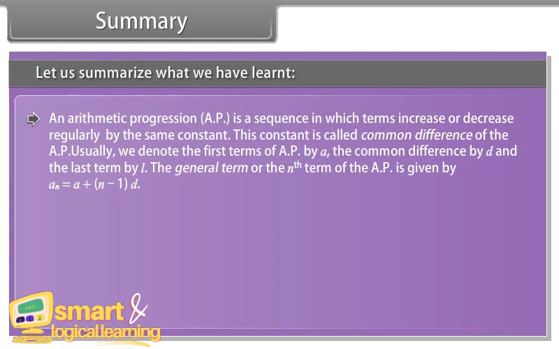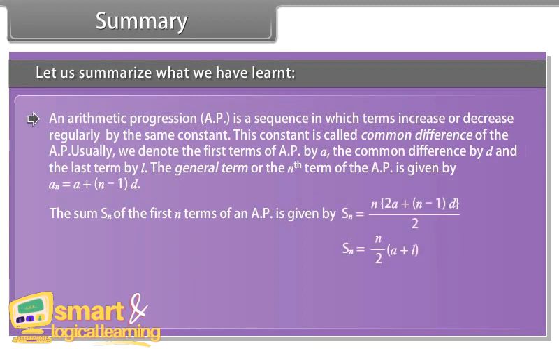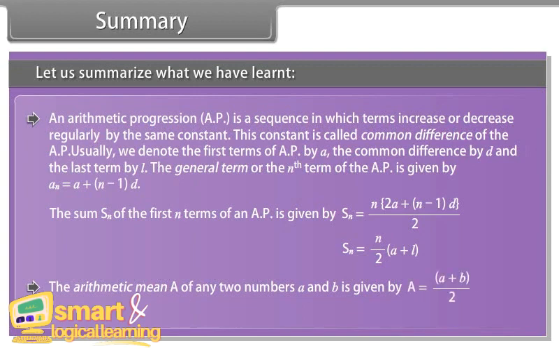Usually we denote the first term of an AP by A, the common difference by D, and the last term by L. The general term or the nth term of the AP is given by the sum Sn of the first n terms of an AP is given by the arithmetic mean capital A of any two numbers A and B is given by this. That is, the sequence A, capital A, B is an AP.